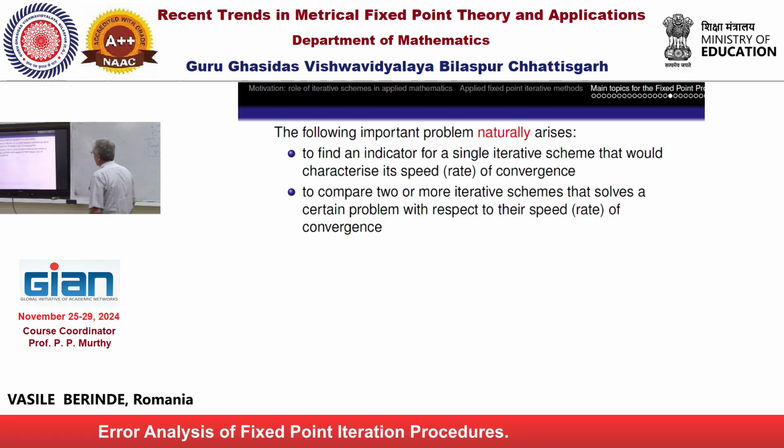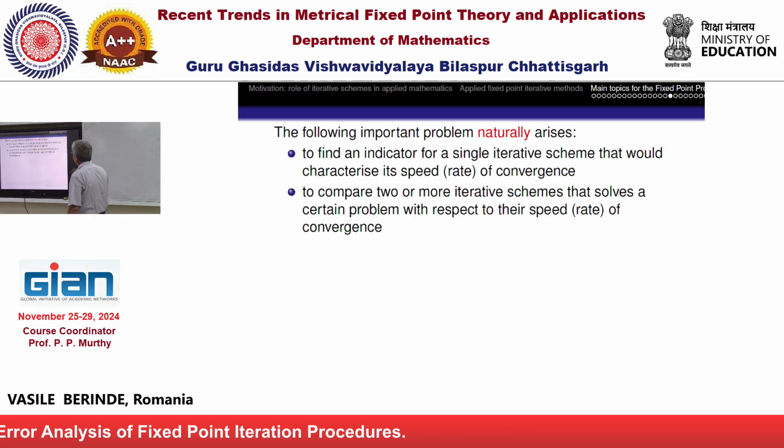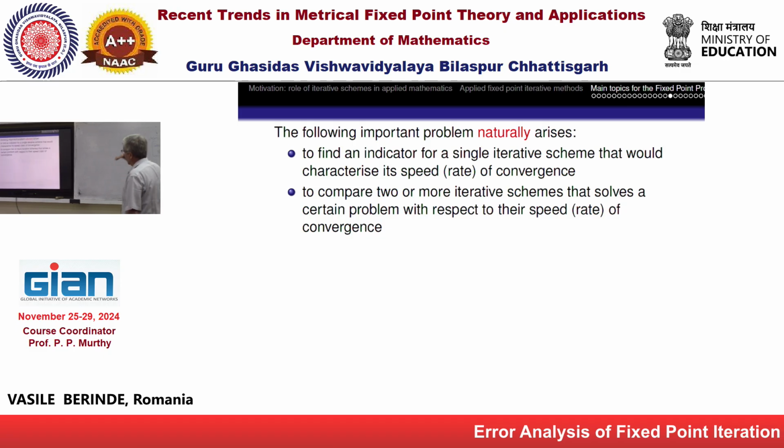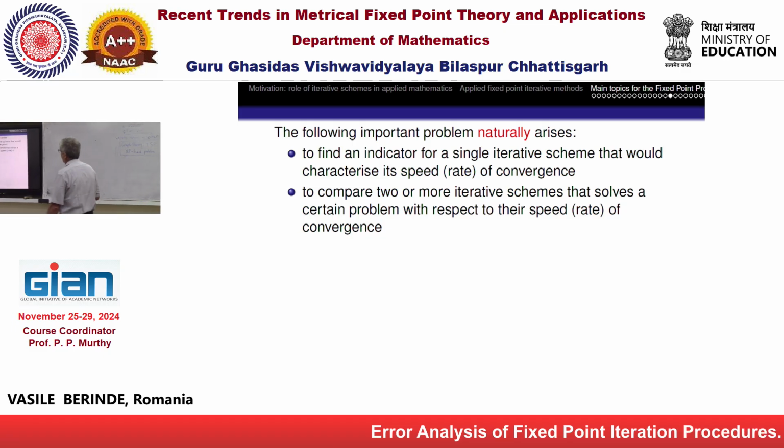It is very natural to ask: how can we find an indicator for a single-step iterative scheme which should characterize its rate of convergence, its speed of convergence?